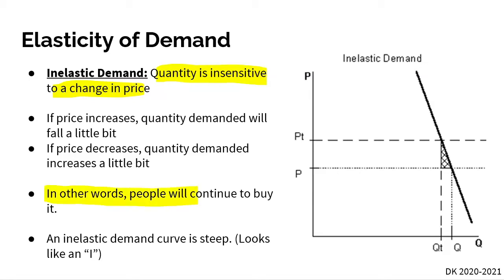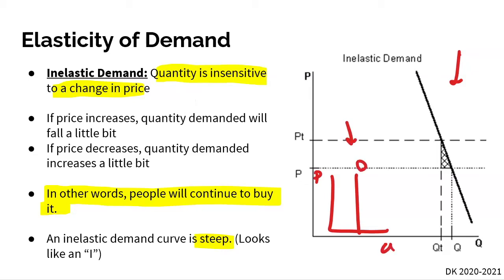In other words, people will continue to buy the product no matter where the price is. So here, our inelastic demand curve is steep. It looks like an I. So this example right here is an example of an inelastic demand curve. Another example could be just a perfectly vertical line. This could be an extremely inelastic demand curve here.